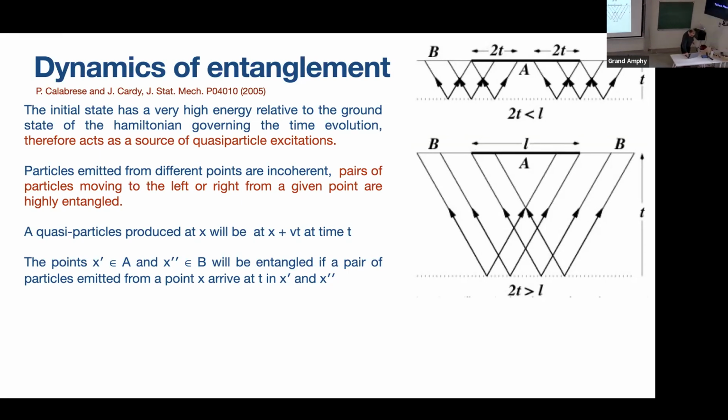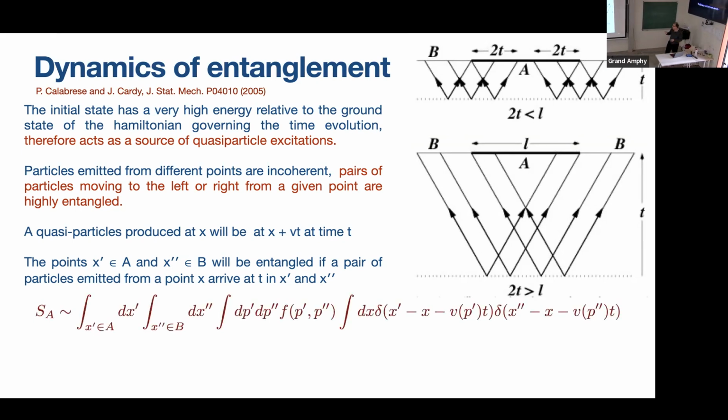So in this picture, the idea is that in order to compute the entropy of the region A, you have to compute the particles that started from a generic point X, and then flew, in simple geometrical terms, after a given time.